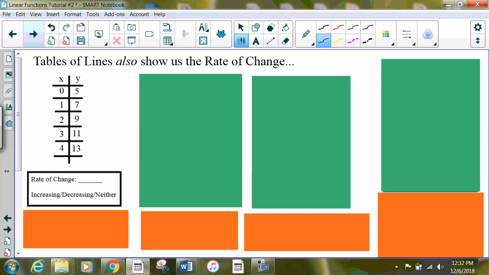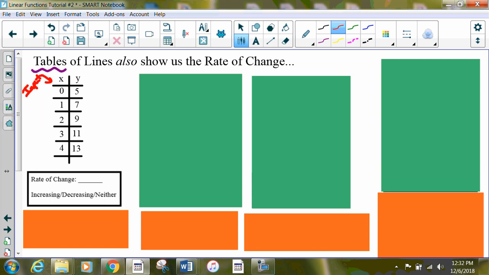All right, so tables, I'm going to put the emphasis on tables of lines also show us the rate of change. So let's look at the first table that's on your sheet. So when I look at this table, I'm going, this is interesting. I'm going to look at the x part. Now the x part of a table, these are the input numbers. So let's remind ourselves that x is the input.